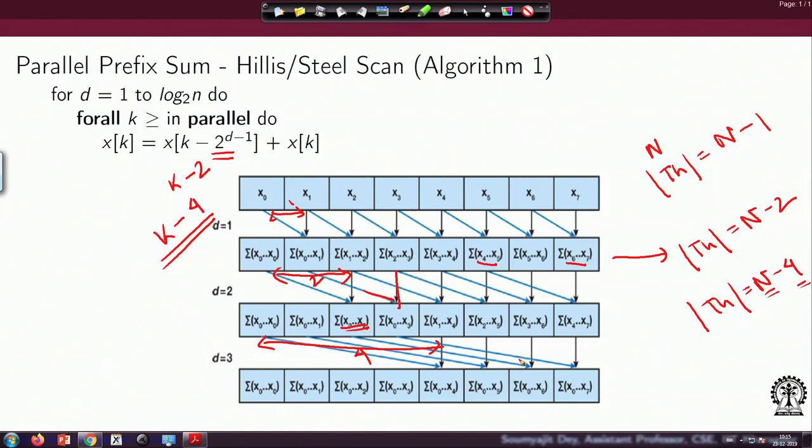the next 4 values, x3, x4, x5, x6, which is sitting here. What is their distance? They are sitting at a hop of 4. So if I consider these two, I get x0 to x6, that is the inclusive prefix sum up to this point. If I consider this point and this point, what do I really have here?